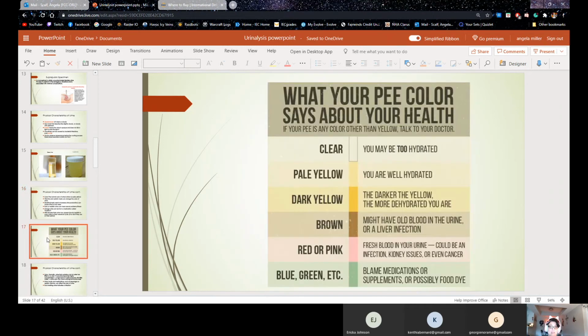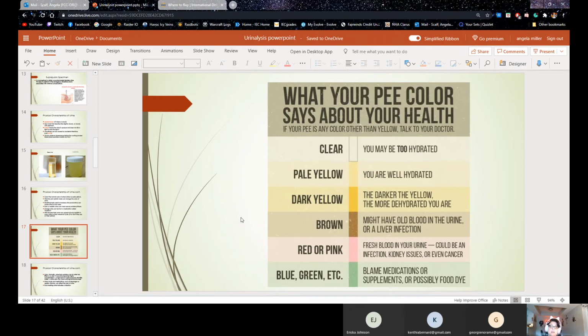Okay? This is one of the last things that I want to cover with y'all, is what your pee says about your health. If it's clear, you might be too hydrated, or you might be on diuretics. If it is pale yellow, you're well.